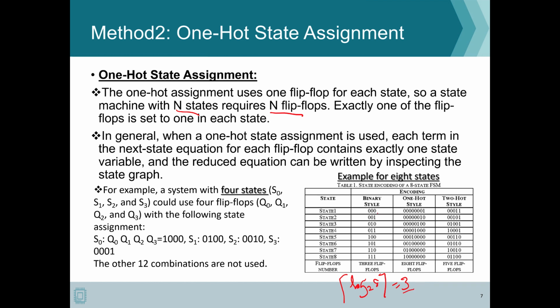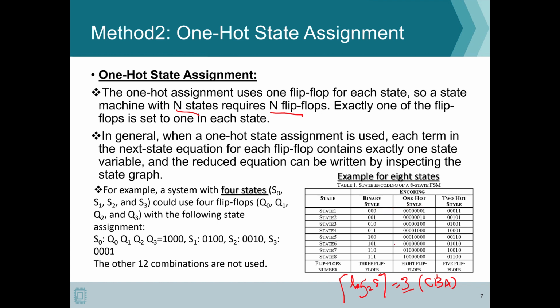And as you can see here, for the 3 flip-flops, you will have 3 state variables, either C, B, and A. But in the case of the one-hot encoding, we will have 8 flip-flops and 8 variables. So for example, you will have A, B, C, D, E, F, G, and H. So you have 8 of these variables.